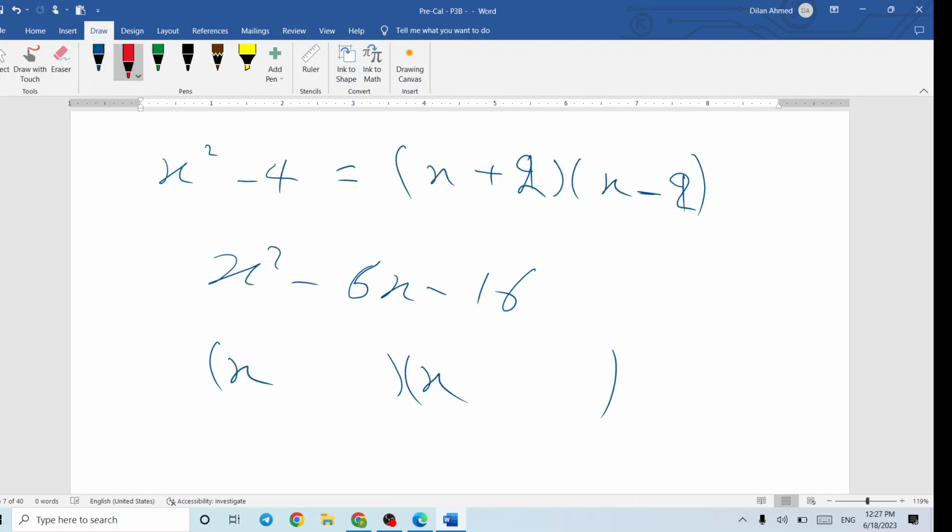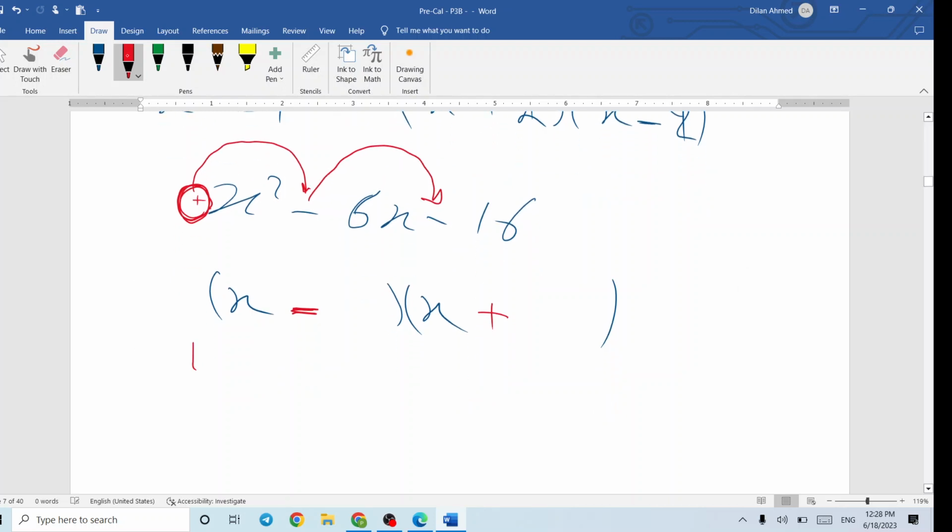Now we are going to multiply the signs. The sign in front of x is what? It's positive, right? Positive multiply negative, negative. Negative multiply negative, positive. Shall I repeat that one? Clear? Now, we are going to factor 16.